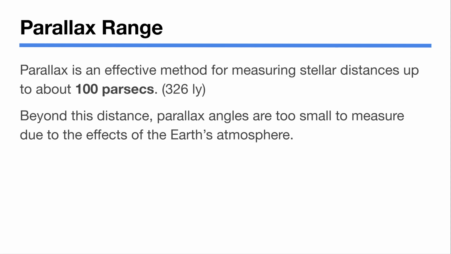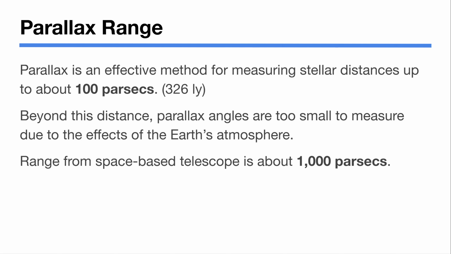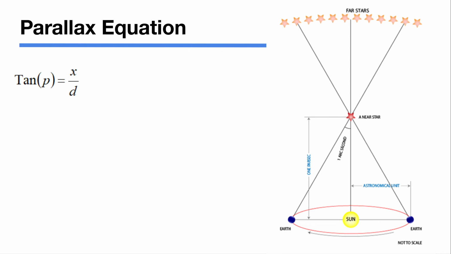The trouble is the angles are really small, and especially when you take the Earth's atmosphere into account, which messes with your light and bends it, it gets too hard to read through the atmosphere. You can take measurements from space, and we do have some space-based telescopes that we do parallax measurements with. Those you can get a lot further because the light doesn't have to go through the atmosphere, like 1,000 parsecs, 3,000 light years or so, is the range. So it works for close stuff.